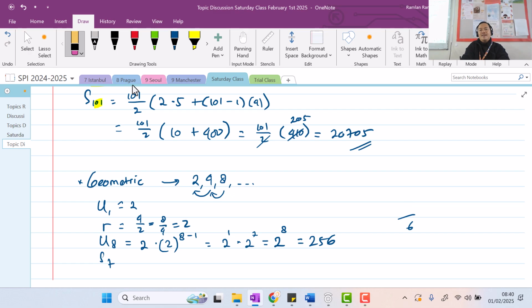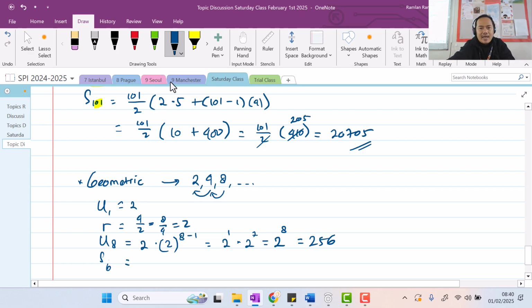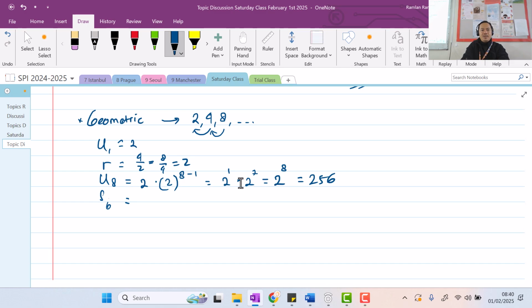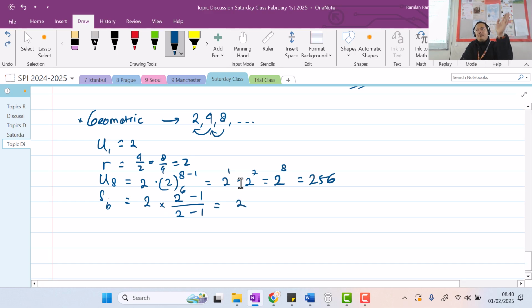Yeah. Okay, the next one, maybe I'm going to do S6, biar angkanya lebih kecil ya. Okay, S6, that'll be equals to the first term, which is 2, and then multiply that by this to the power of 6 minus 1 over 2 minus 1, gitu ya. Okay, that'll be 2. This is just 1, so we can ignore them because anything divided by 1 is just going back to the same number.